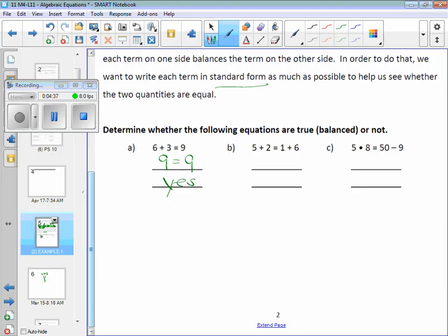Do the same thing for B and C. I'll call you up to the front. With B and C, you got to put both in standard form and then evaluate it. Yeah, come on up to B. Just watch out for string here. Or choose any color. Went with blue.